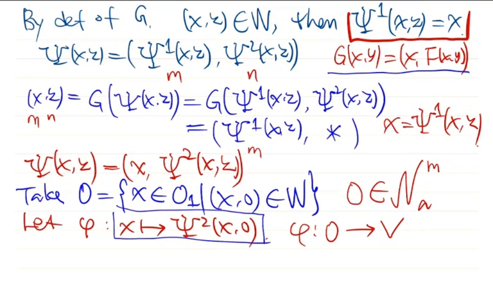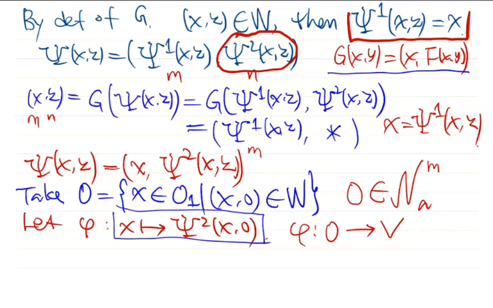The second component of psi, that is psi2 here, depends on x and z. We fix z to be 0. Then it is a map of x. This map we call phi.